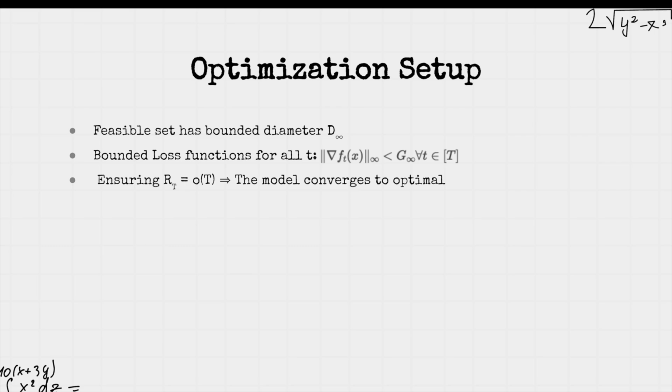And the algorithm converges to the optimal solution x star if the problem is convex and well posed. Thus, R_T equals o(T) is a formal guarantee of the convergence in online optimization. And for the following, we are going to use this as the proof to show that Adam is not converging or the proposed method is converging.